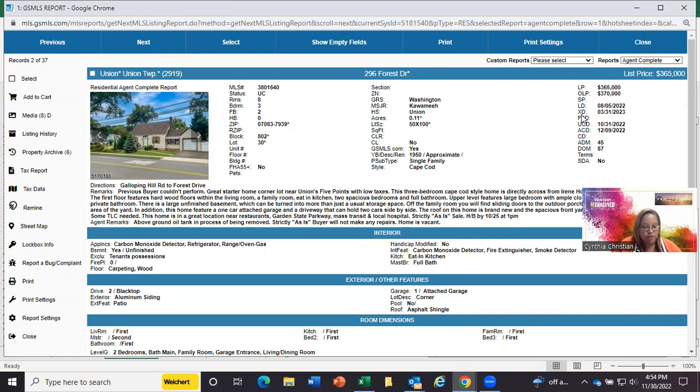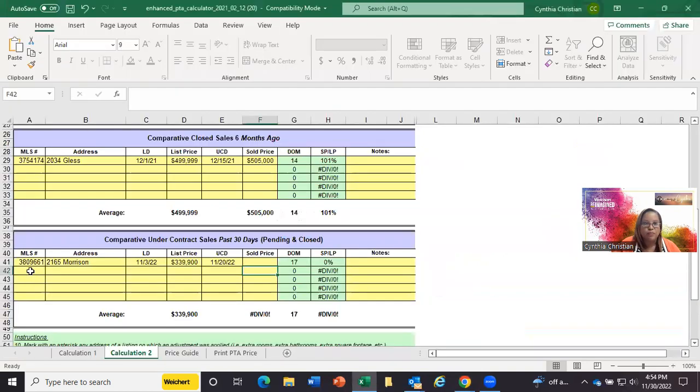Okay, so we're going to put this in, and then I'll see if I can get a good calculation for you guys that we can take a look at. So I'm going to put this one in under contract. 640. Did you know that there is probably an average dollar value for different rooms in a house?